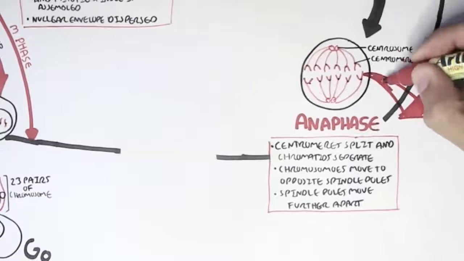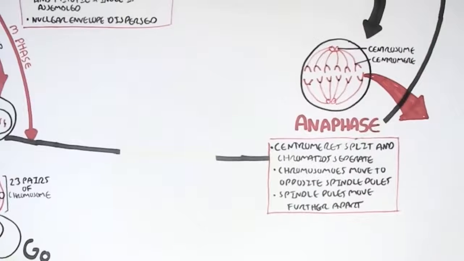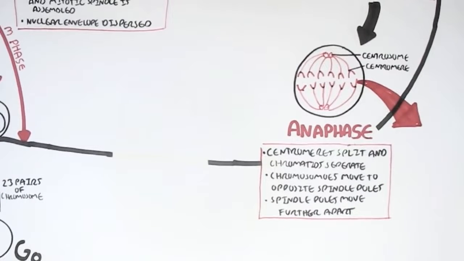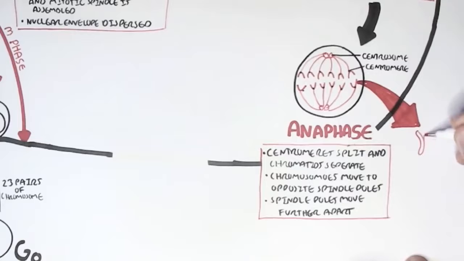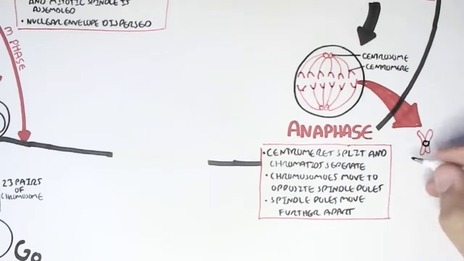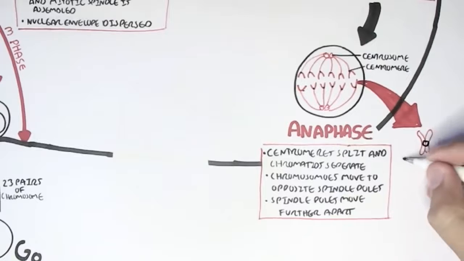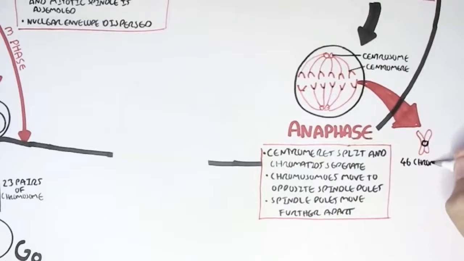So let's look at what happens with the genetic material during anaphase. Before anaphase, remember, we had duplicated chromosomes, 2 chromatids per 1 chromosome. So in total, we had 46 chromosomes and 92 chromatids.